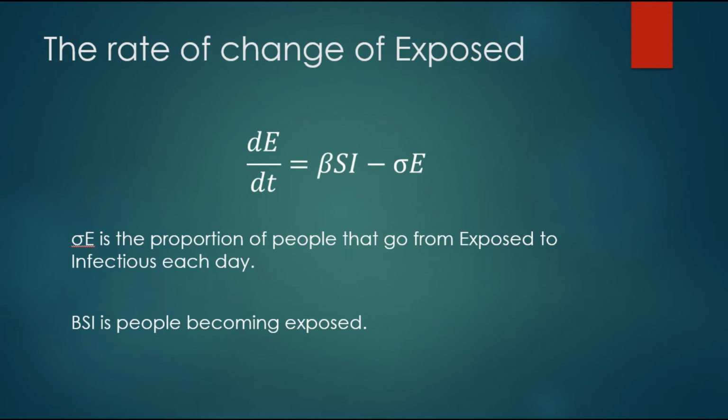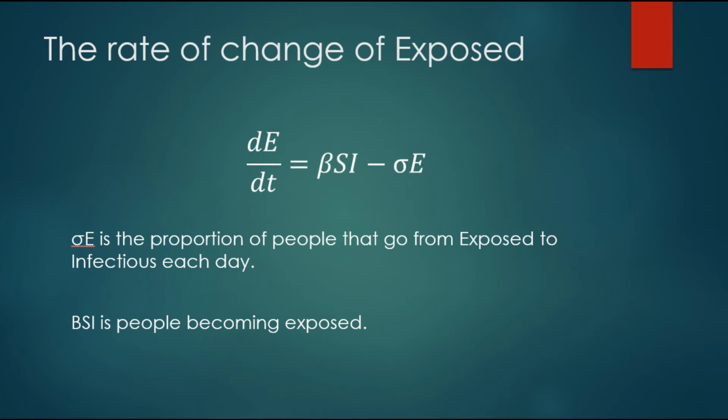Then the next equation is dE by dt equals beta S I minus sigma E, where sigma E is the proportion of the population that goes from exposed to infectious each day.